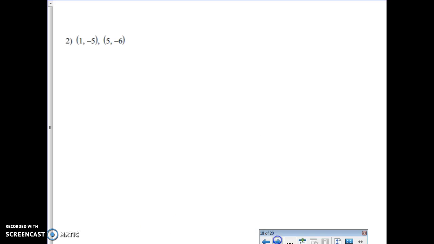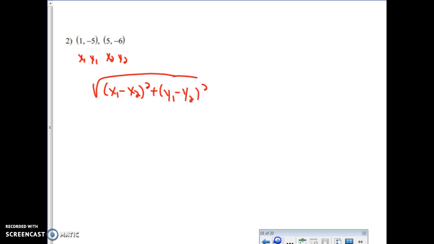Let's try one more. So I want to find the distance here. This is x1, that's y1, x2, and y2. So the difference of the x's squared plus the difference of the y's squared. So I got 1 minus 5 squared plus negative 5 minus negative 6 squared.